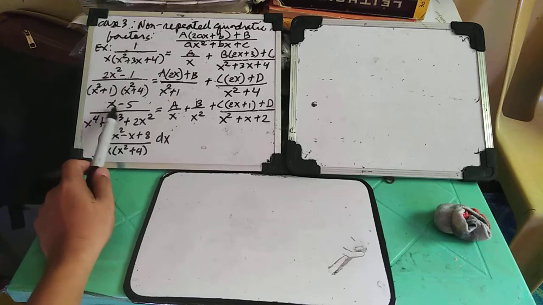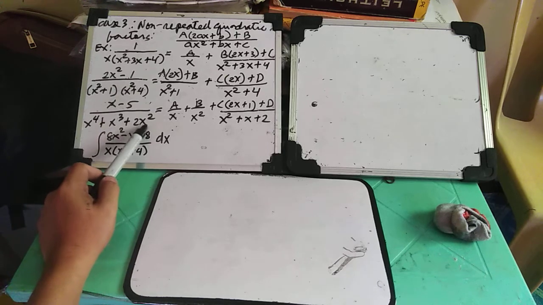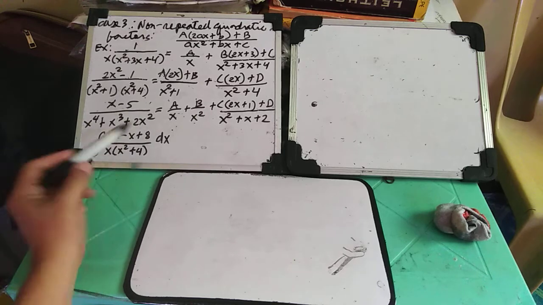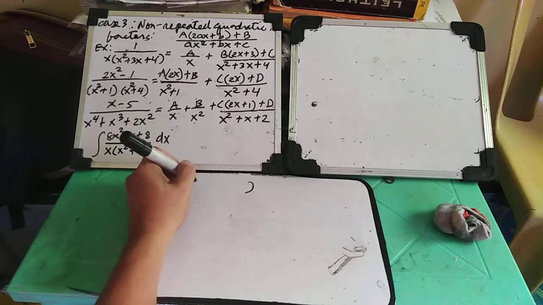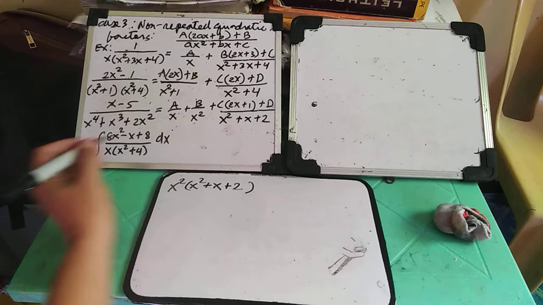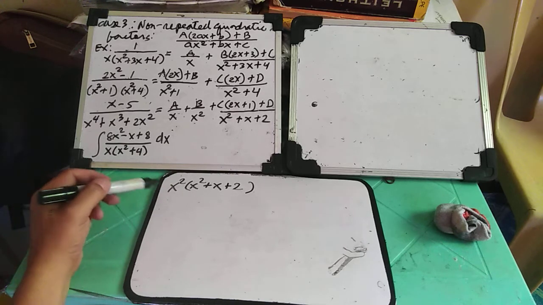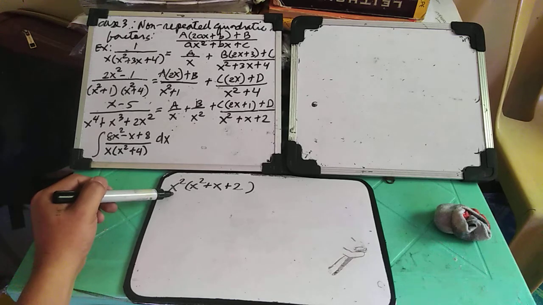Also, if we have x minus 5 all over x to the 4th plus x cubed plus 2x squared, first we factor out x squared since it is common in the denominator. So we have x squared times x squared plus x plus 2. Now, as you observe, we have linear factor x, but it is repeated twice.